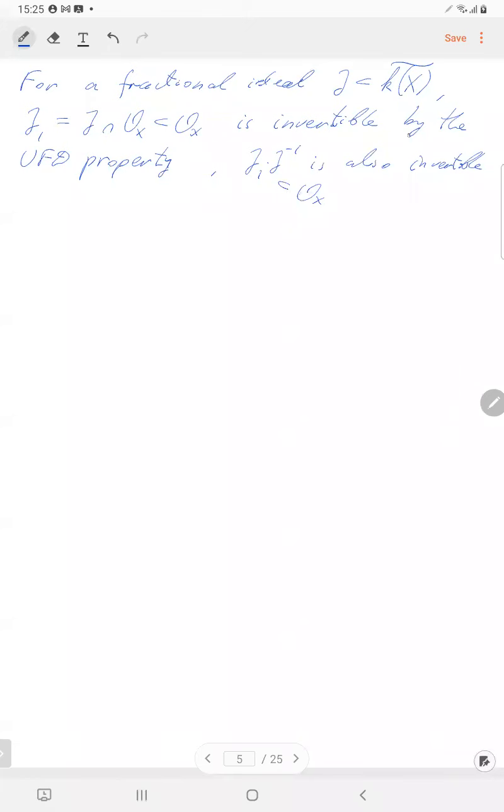So for both of them we know that they're associated to divisors. Finally, J itself is the product of J1 times the inverse of J1 J inverse, and all of them are associated to divisors.